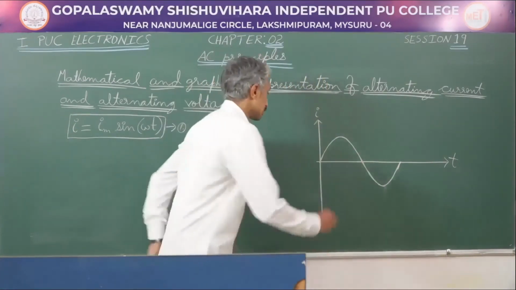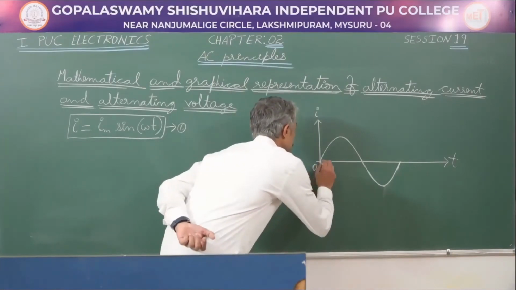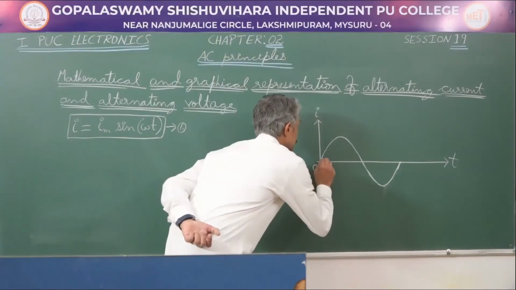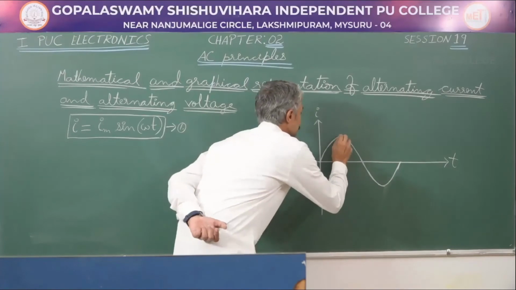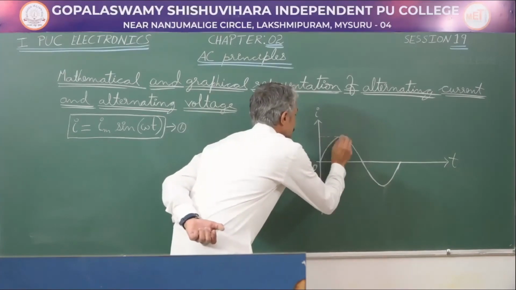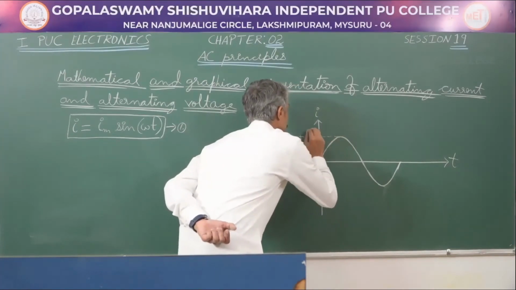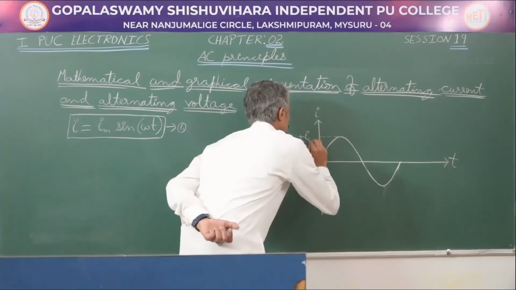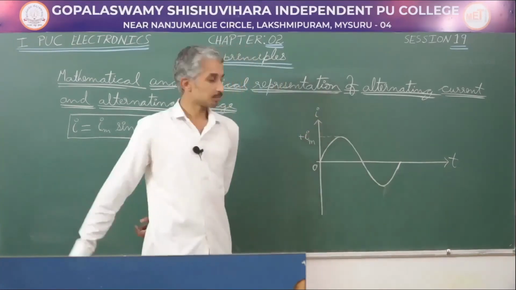As time proceeds, the value of the alternating current increases from 0 to positive maximum, and the maximum value here is plus Im.